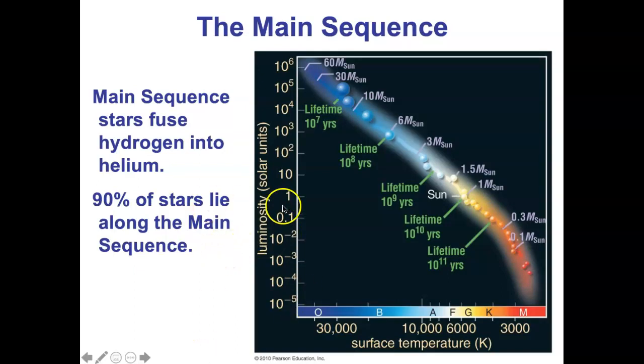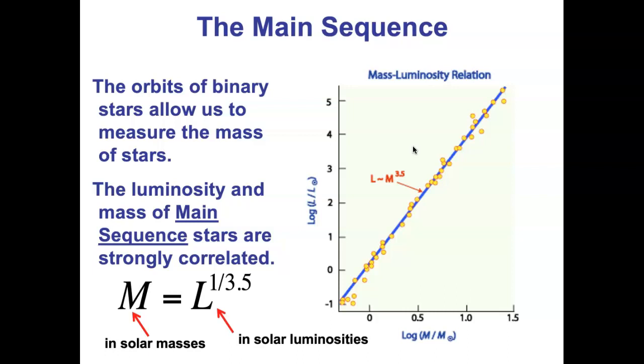If you take this brand new star you just discovered, you measure its luminosity, you measure its temperature, and you say, well, where does this star land on the HR diagram? If you know that this is a main sequence star, and again, this relationship only works for main sequence stars. Now, luckily, main sequence stars are 90% of the stars, so this is super powerful.